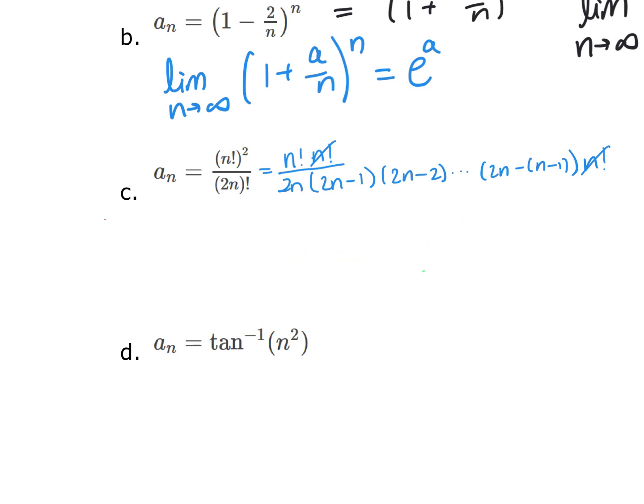All right, so then what this is equal to is n factorial is n multiplied by n minus 1, multiplied by n minus 2, and then all the way down to, if I keep scrolling down, I'll get down to 1. 2 to the n, I have 2 to the n minus 1, 2 to the n minus 2.